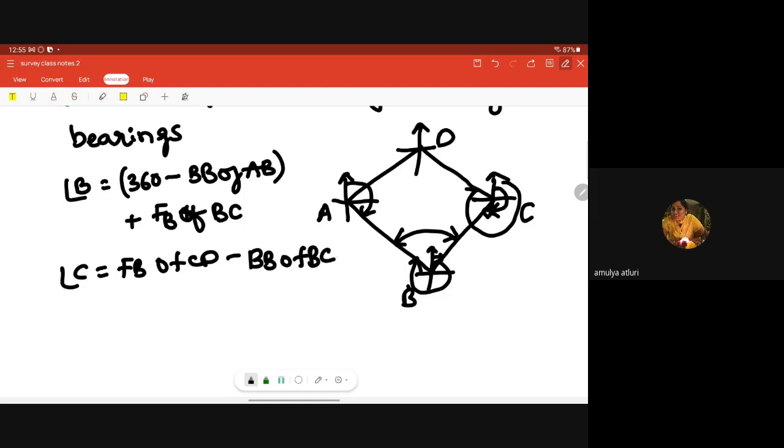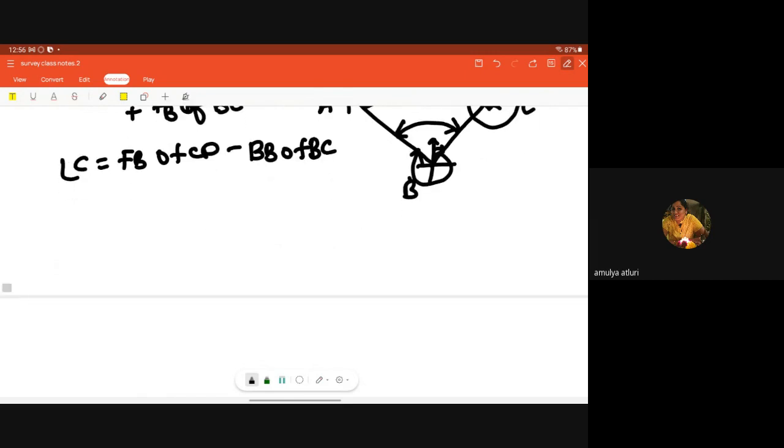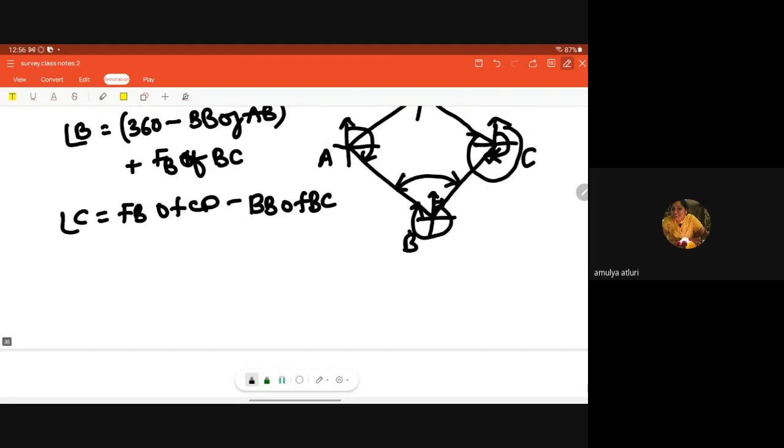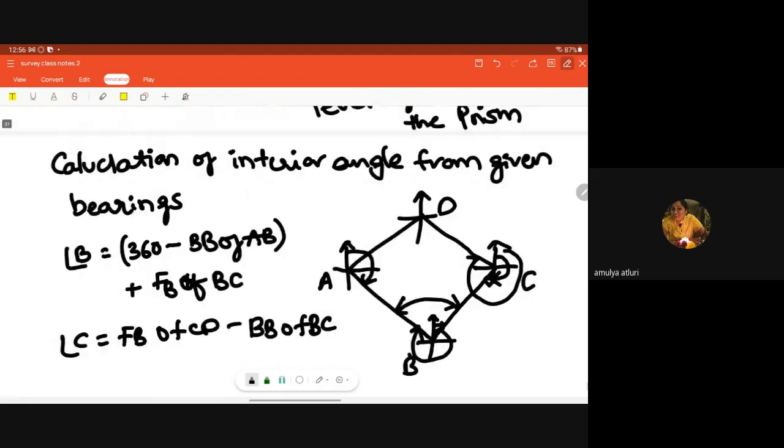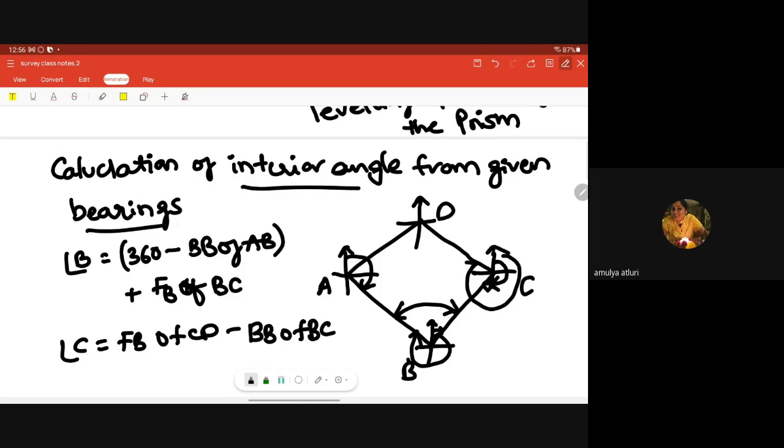So forebearing of CD minus back bearing of BC. This is the calculation of interior angle from given bearings.